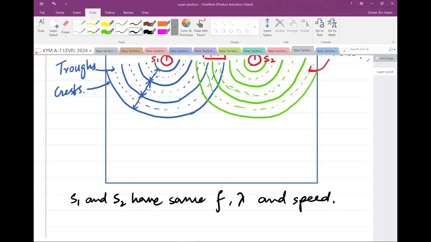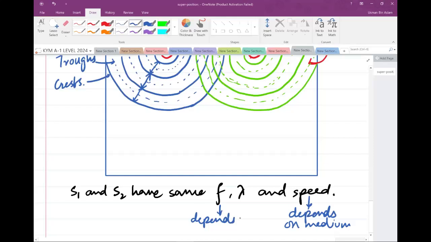Also, the speed depends on the medium. If the medium is the same, the speed is the same. Frequency depends on the source, because both of them are producing waves from the same source, so they are going to have the same frequency.